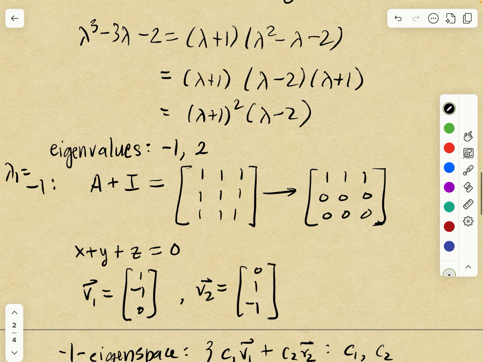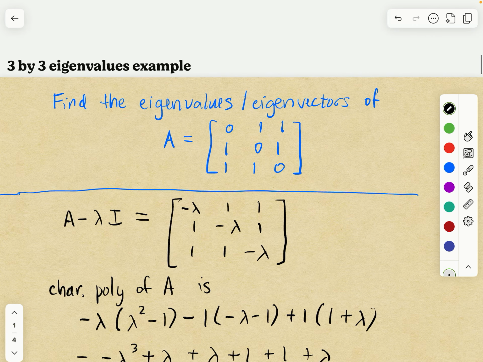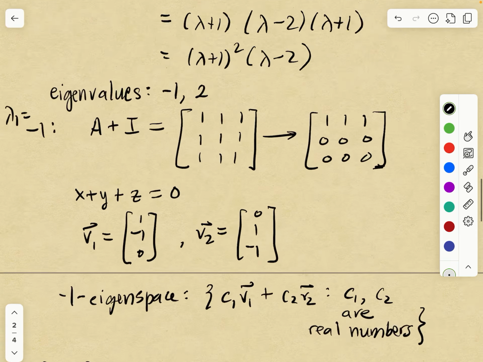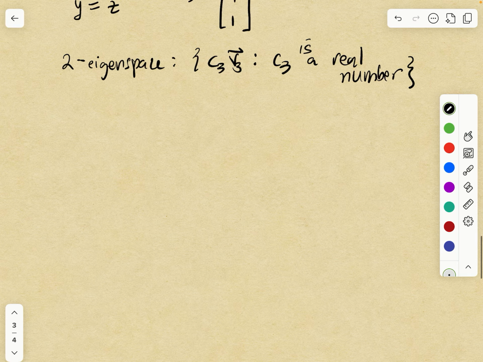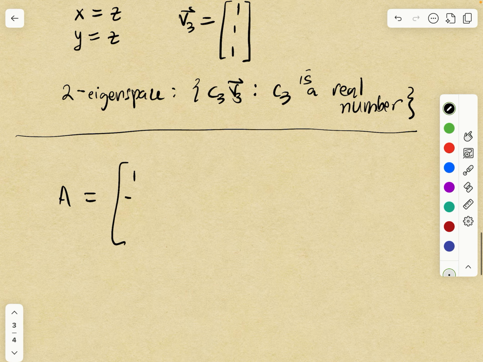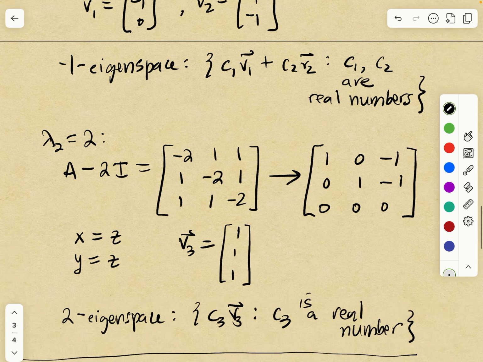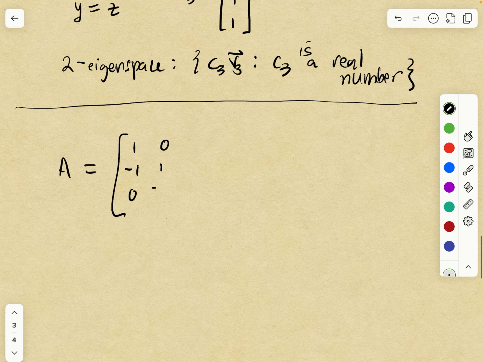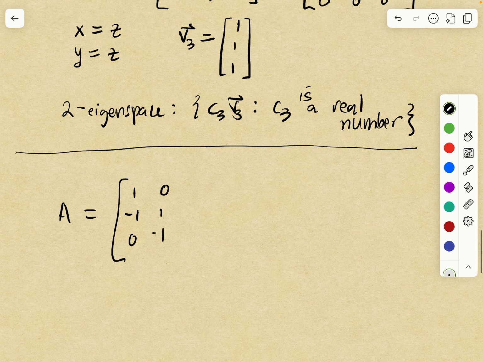And this question didn't ask for diagonalization, but let's say you wanted to diagonalize the matrix. So let's just do something a bit extra. Your A can be written in the form PDP inverse, where P is the matrix with columns v1, v2, and v3, right? So 1, negative 1, 0. 0, 1, negative 1. v3 is 1, 1, 1.